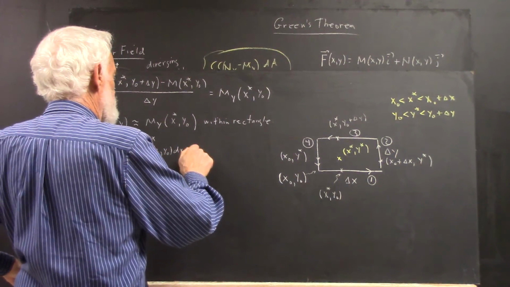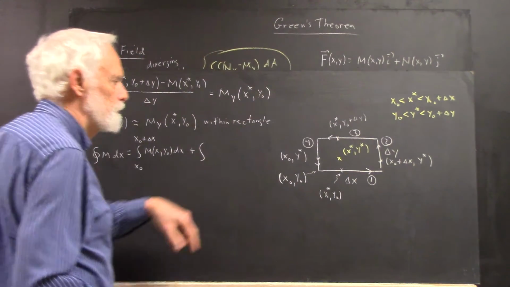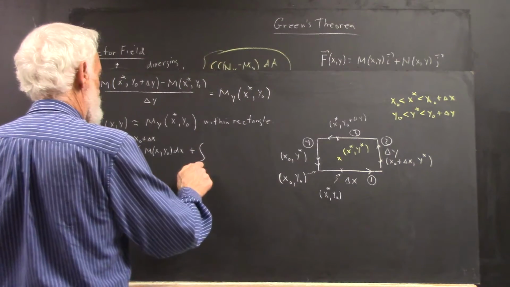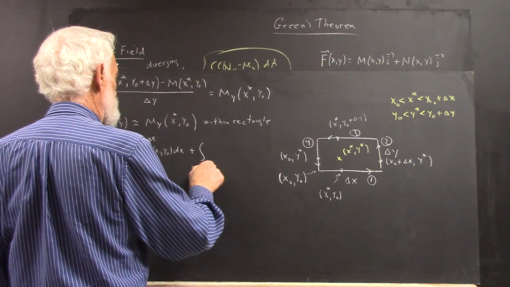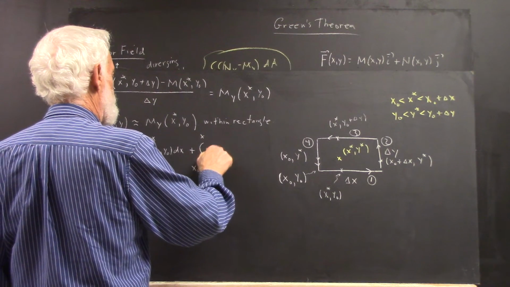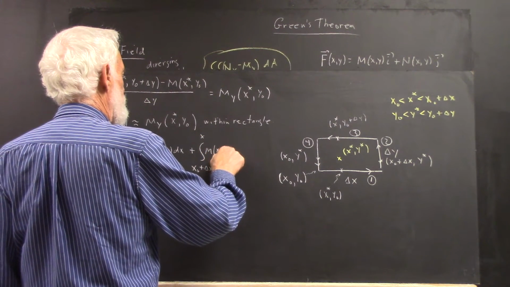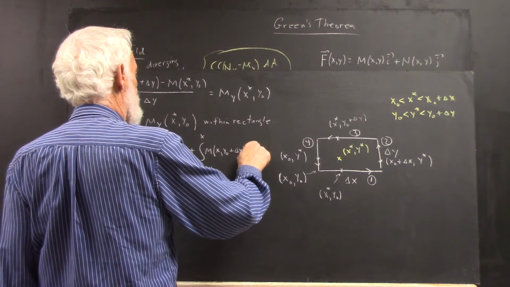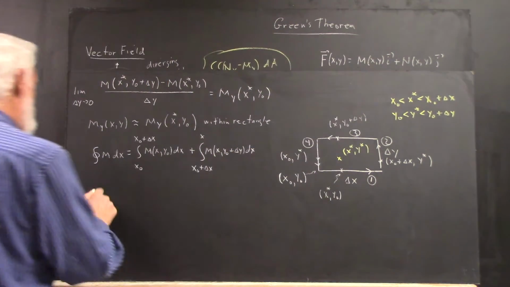And then it's going to be plus the integral from x naught plus delta x back to x naught of m of x, y naught plus delta y dx.